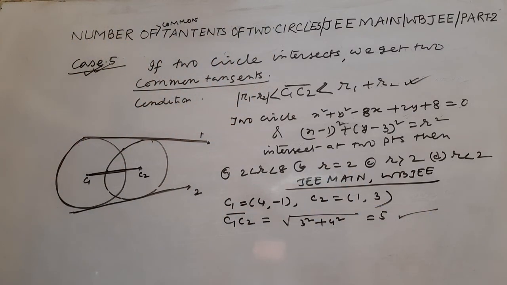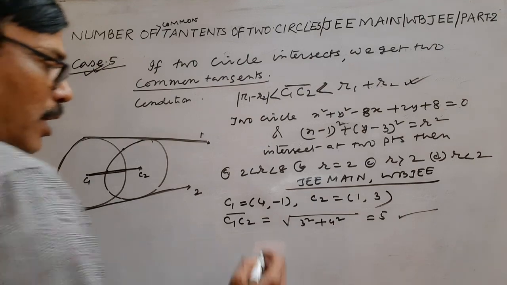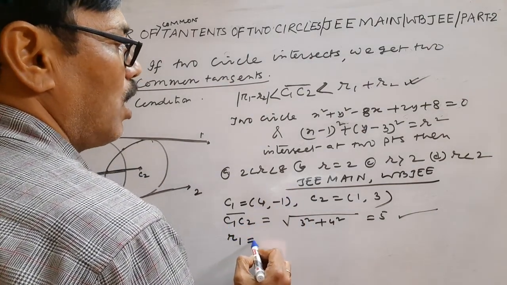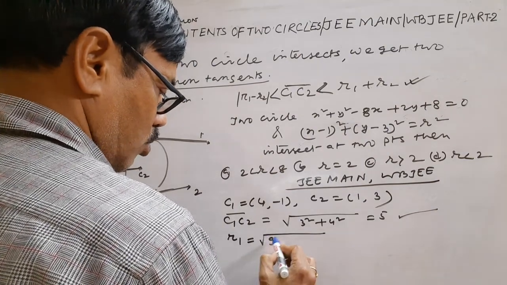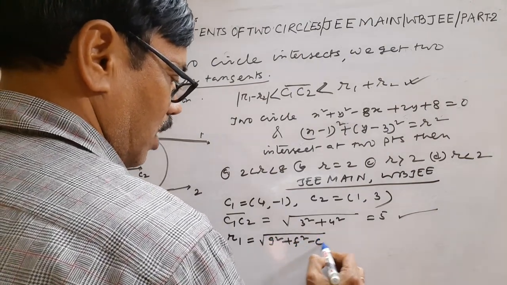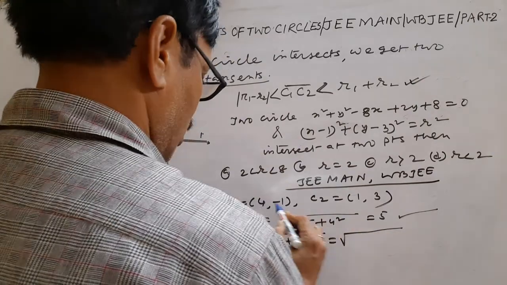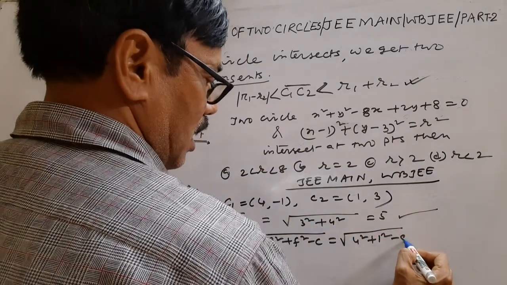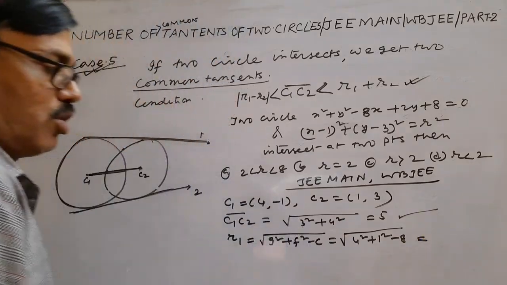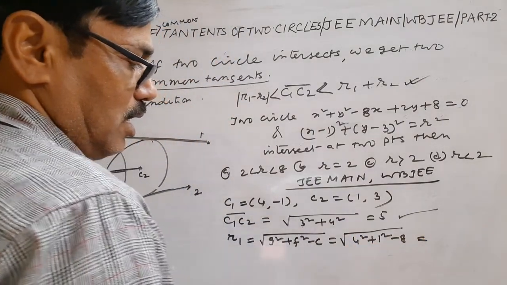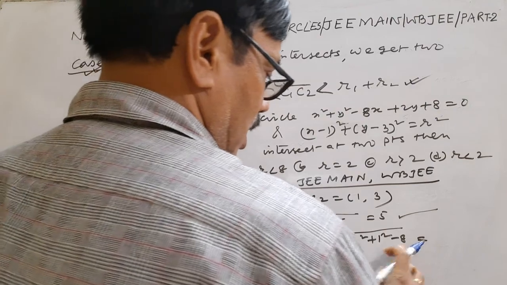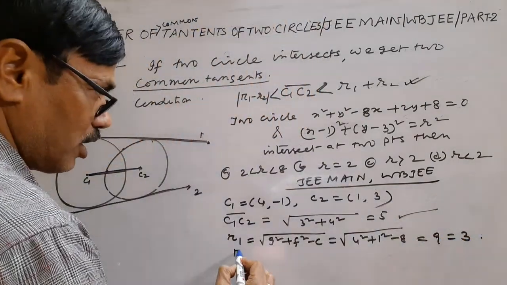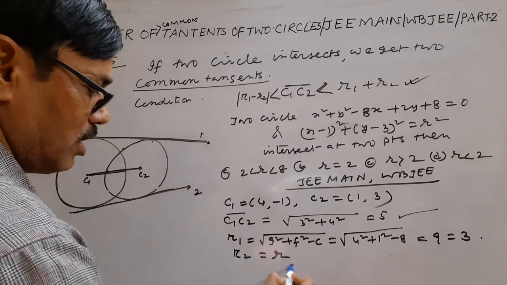Now R1. R1 is root of g square plus f square minus c. So 4 square plus 1 square minus 8, so 16 plus 1 is 17, minus 8 is 9. So this is 3. And what is R2? R2 is r.